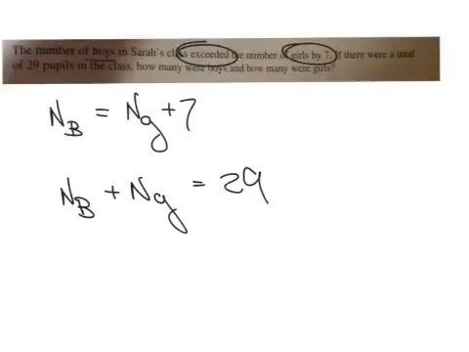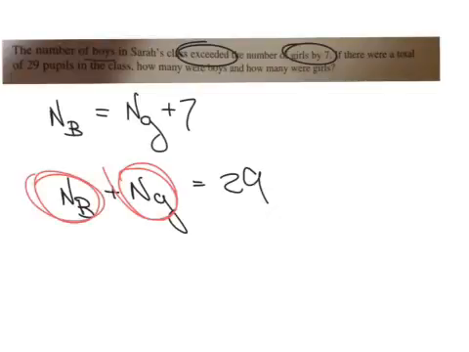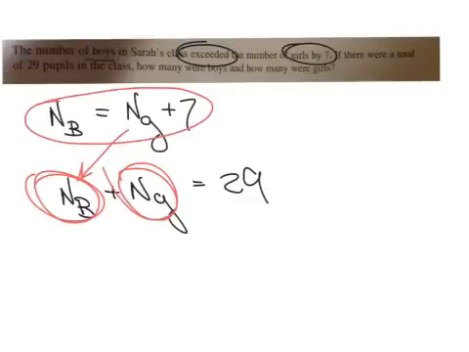Alright, so we know that this here is the number of girls, but we have to change this so that it is also a number of girls. So number of boys equals NG plus 7. So instead of NB, we're going to use NG plus 7.